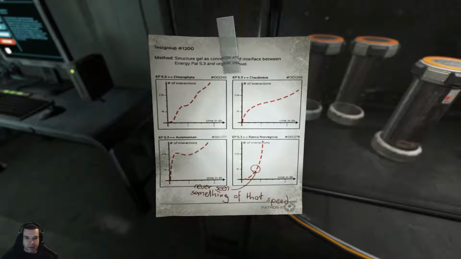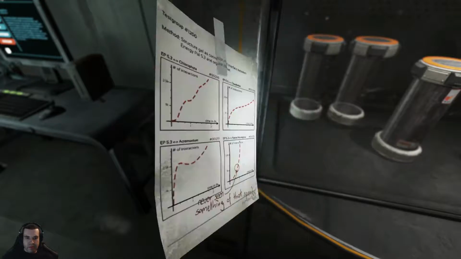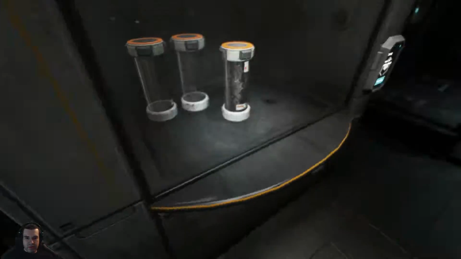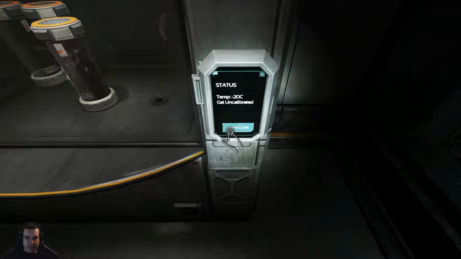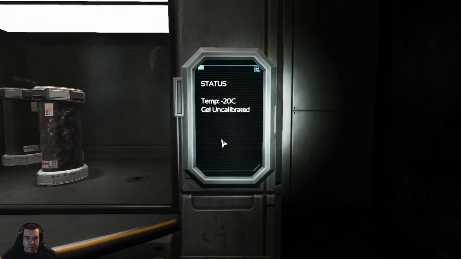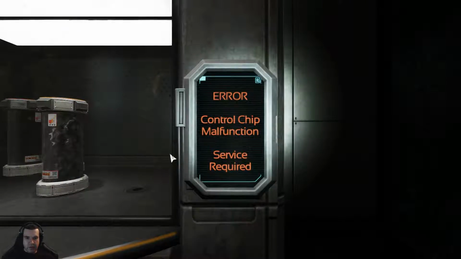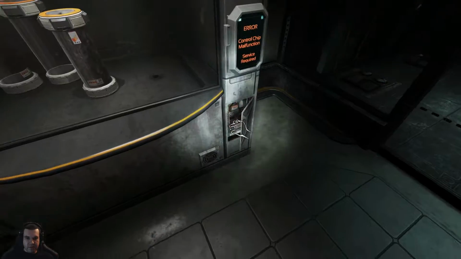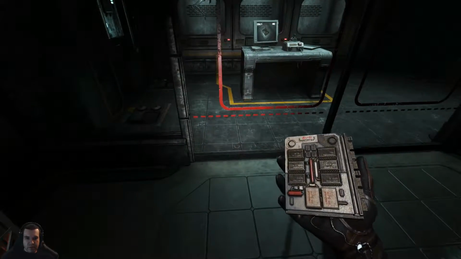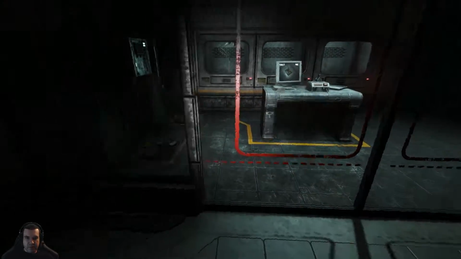Never seen something of that speed. Temperature minus 20°C, gel uncalibrated. Uh-oh. Control chip malfunctioned. Well, GG. Have to get a new one of these things.